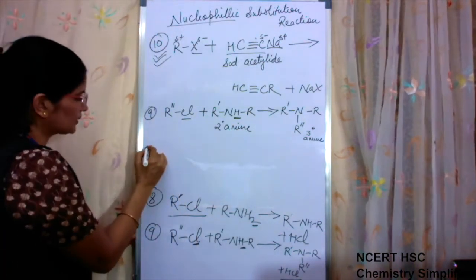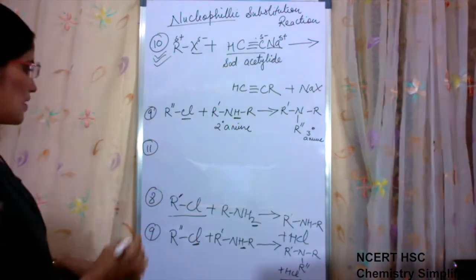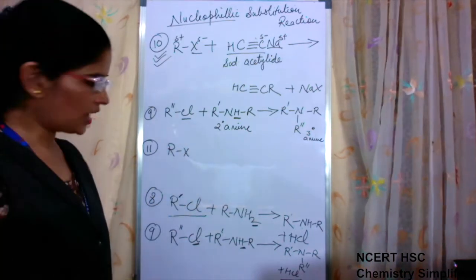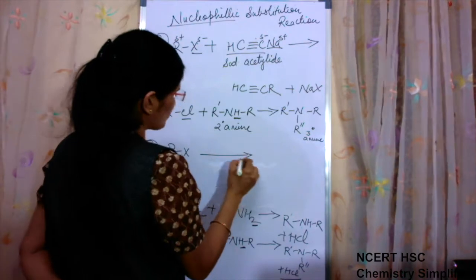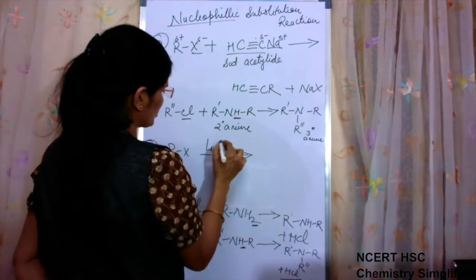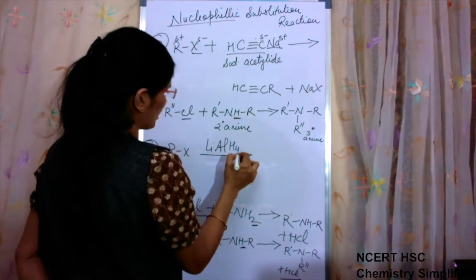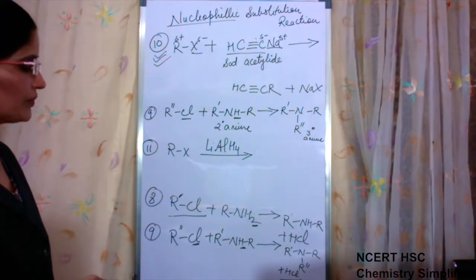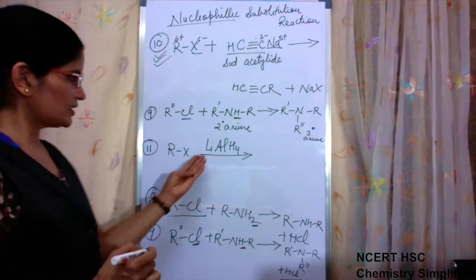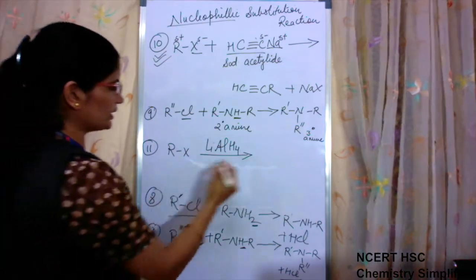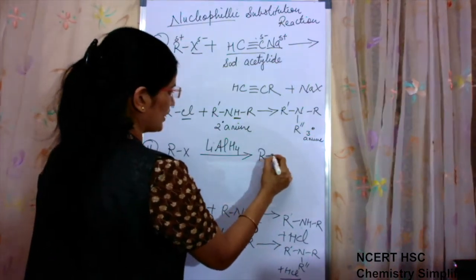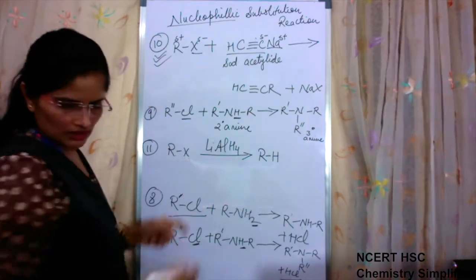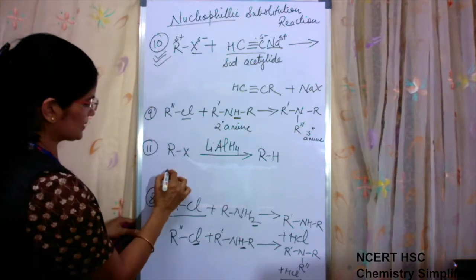Next reaction after this, RX can also be used with reducing agents like lithium aluminium hydride. Lithium aluminium hydride is a very strong reducing agent. So when such hydrides are used, they lead to reduction and RH is formed. R is having X with it. Let me explain with one example.